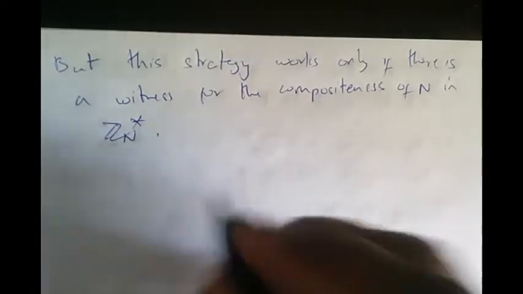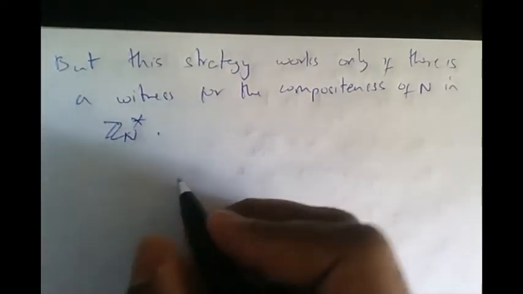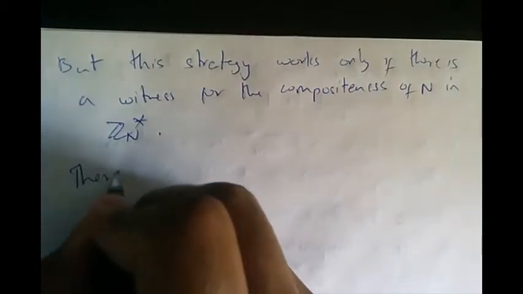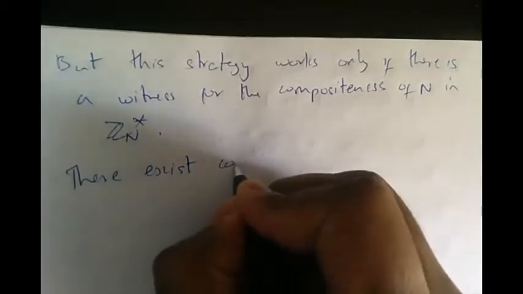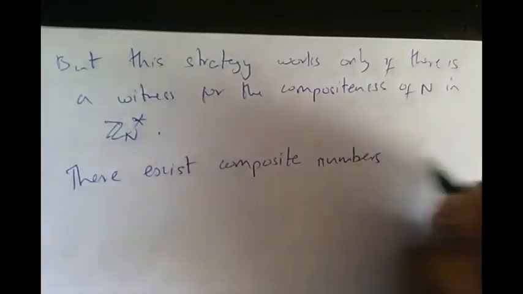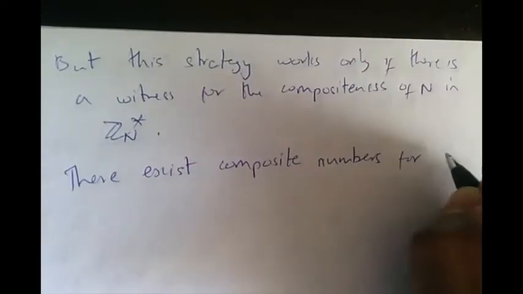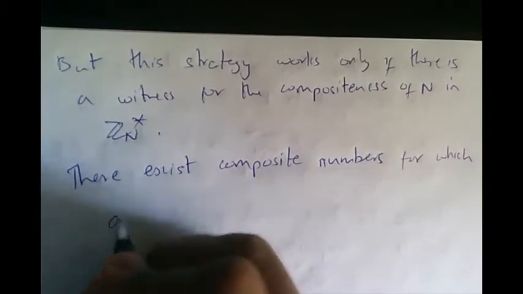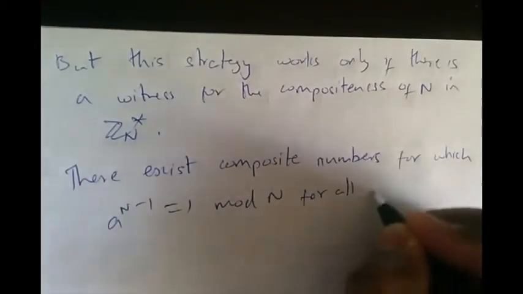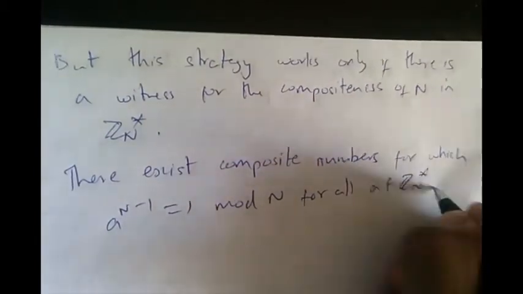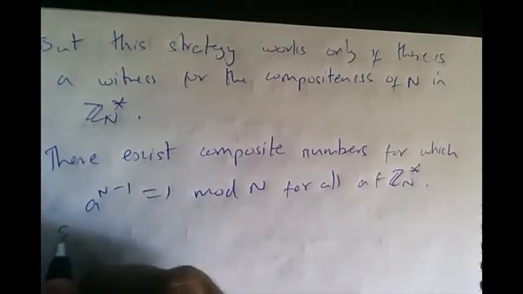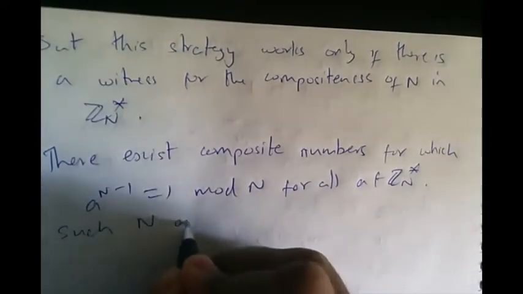But as I mentioned in the last class, there are, unfortunately, numbers called Carmichael numbers. So there exist composite numbers for which a raised to n minus 1 will be equal to 1 mod n for all a in Zn star. And these such n are called Carmichael numbers.